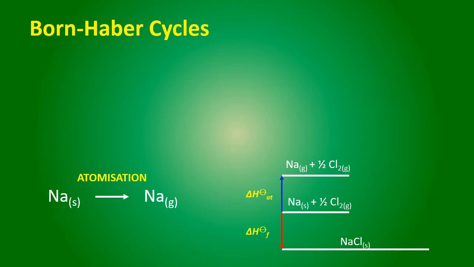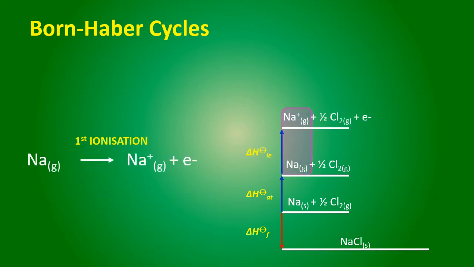The chlorine stays the same. Once we've got the atoms of sodium formed, we can then form the ions. So we've got the first ionization enthalpy for sodium there, going from sodium atoms to Na+ ions. Again, the chlorine stays the same, but you'll notice that we've got electrons being formed too.